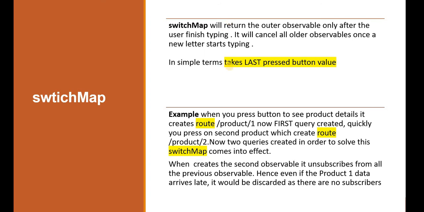The switch map will return the outer observable only after the user finishes typing. It will cancel all the older observables once new letters start being typed. So this is switch map. You get the last value. Either you press 10 times or 20 times, the previous 19 presses will be neglected, and the last value of the observable will be taken into the count, right?